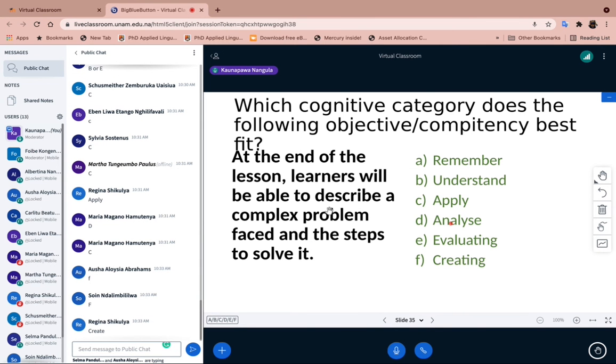They will need to analyze the text, obviously, and maybe even evaluate at the part of describing the complex problem that is faced. But then the last part, the step part, is obviously creating. All right. But in the examination, I'll not give you such complex, vague competencies.